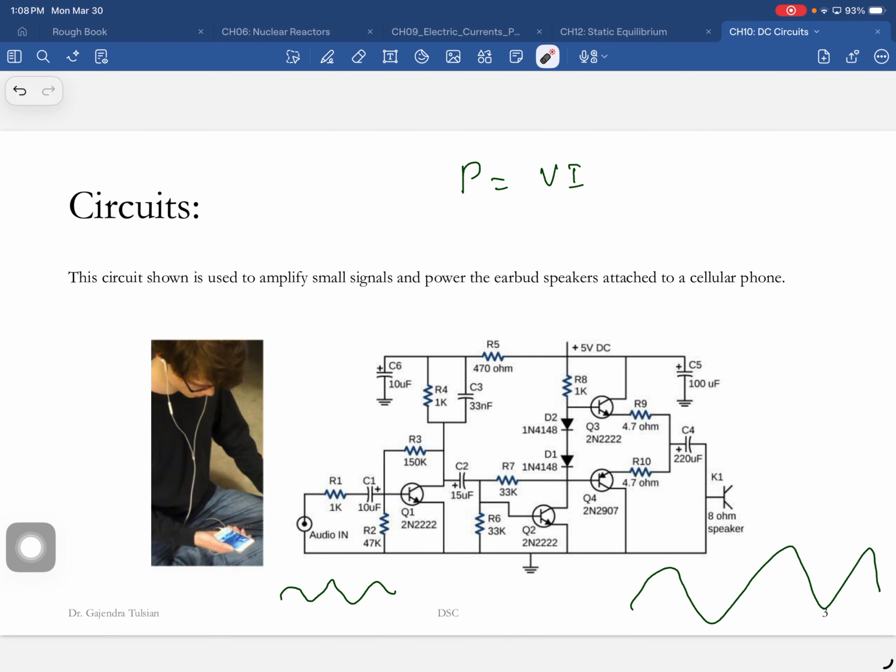Or if it's a toaster, how fast your toast will be done. If it's a washing machine or a dryer, how fast your clothes will dry, and so on. If it's a bulb, it tells you how bright the bulb will glow. So you really want to know the current through all devices, so to speak. That tells you how bright it glows.